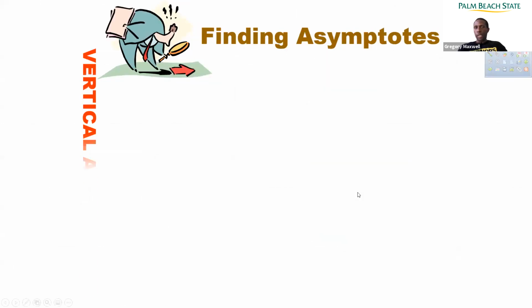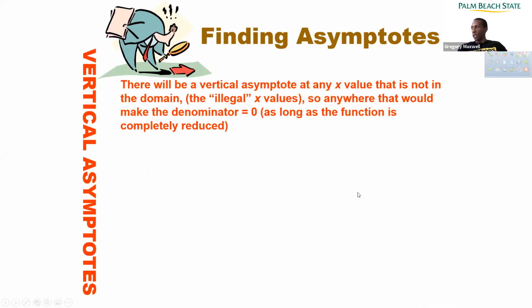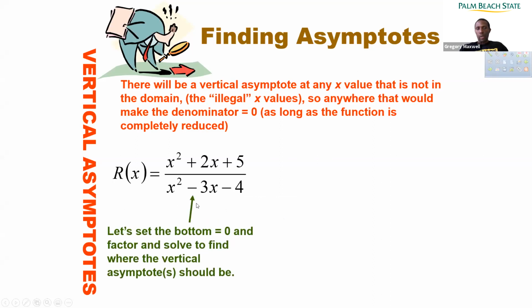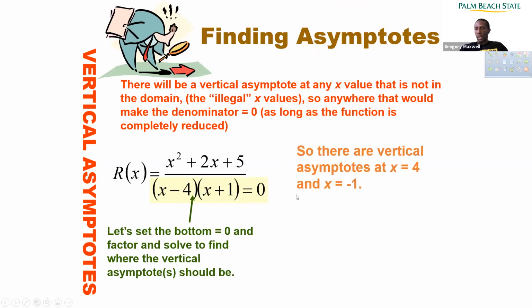Now, how do you find the vertical asymptotes? To find the vertical asymptotes, first you find the domain restrictions. Whatever values of x don't work. So we're going to factor the denominator, set it equal to 0, and then those are my domain restrictions. But before you can jump to that conclusion that those are vertical asymptotes, you have to make sure that these numbers you get do not give you 0 when you plug them into the numerator.